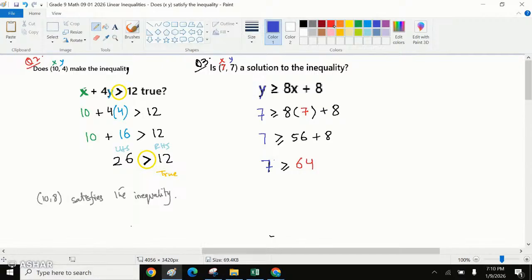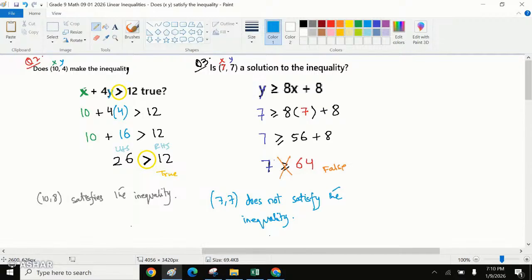This is a false statement because this is not true over here, right? So if this statement is false, then we say that 7 comma 7 does not satisfy the given inequality.